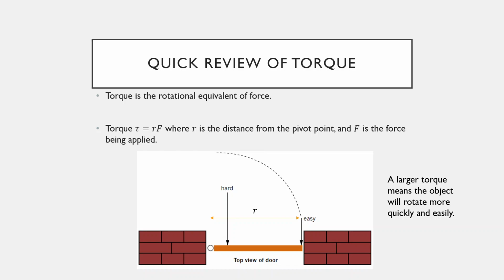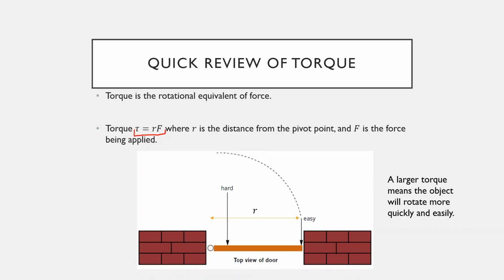There's a very simple relationship between torque, how far you are from the pivot, and how much force you are applying at that point. The equation is this: torque is equal to the distance you are from the pivot multiplied by the force that you are applying at that point of contact.